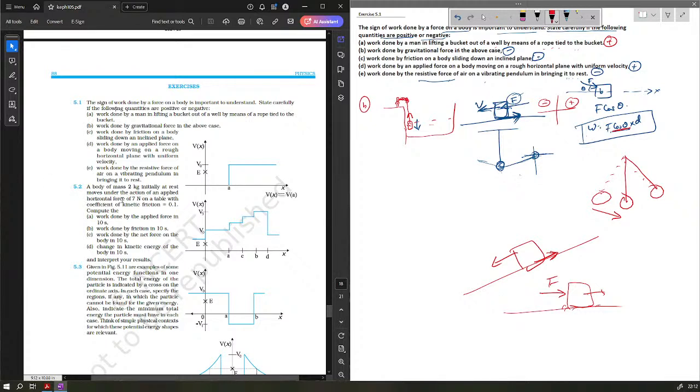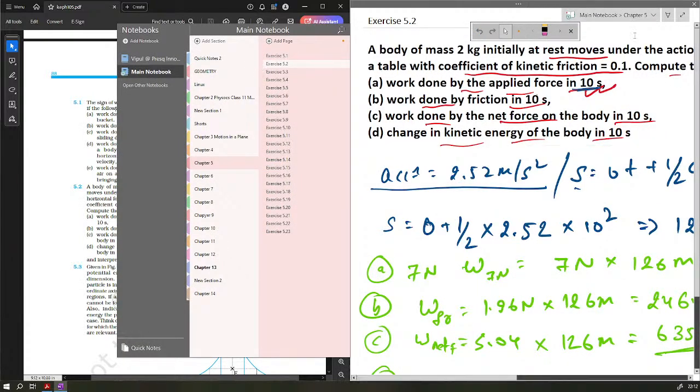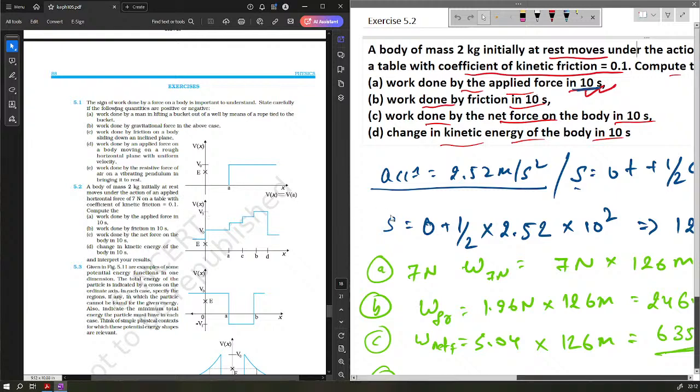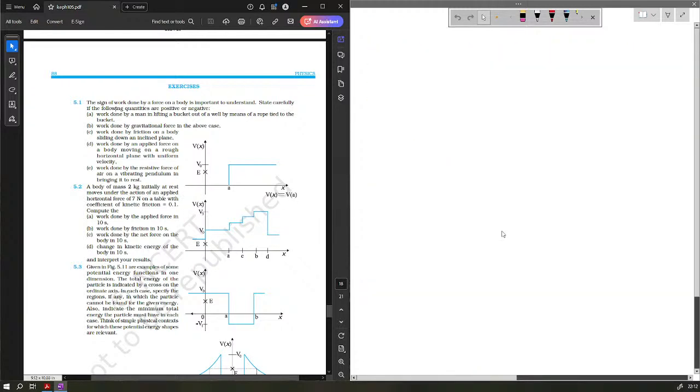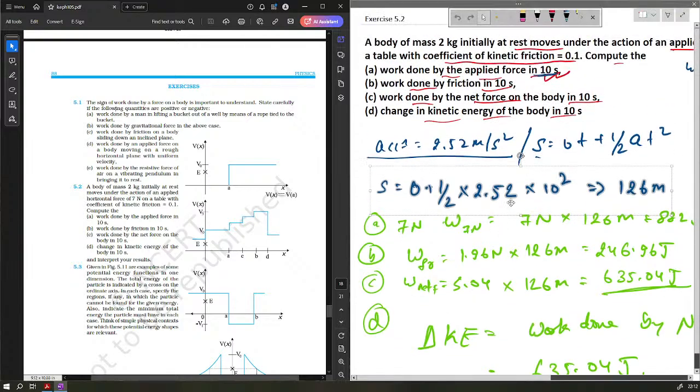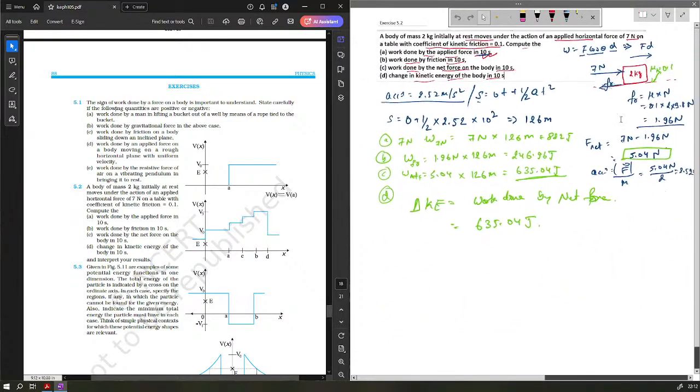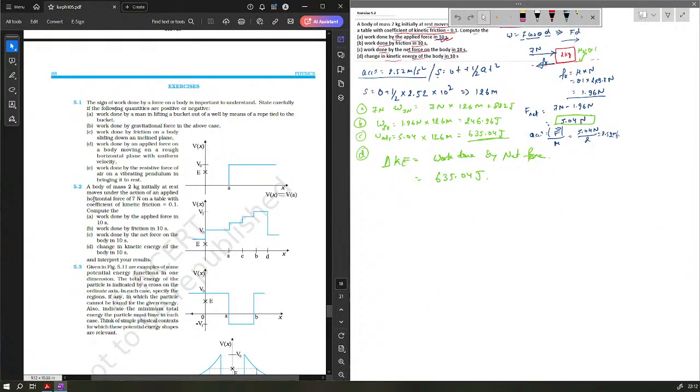Now in the second question, we have a body of mass 2 kg initially at rest moving under the action of an applied horizontal force of 7 Newton on a table with the coefficient of kinetic friction as 0.1.